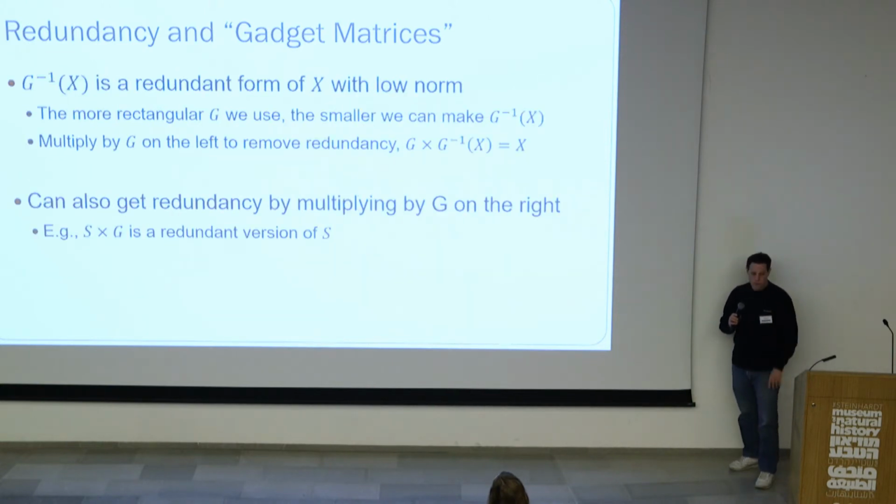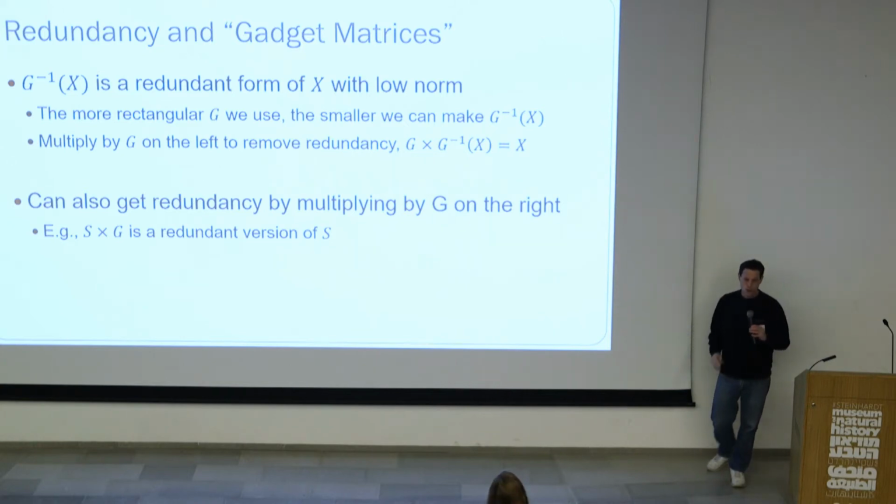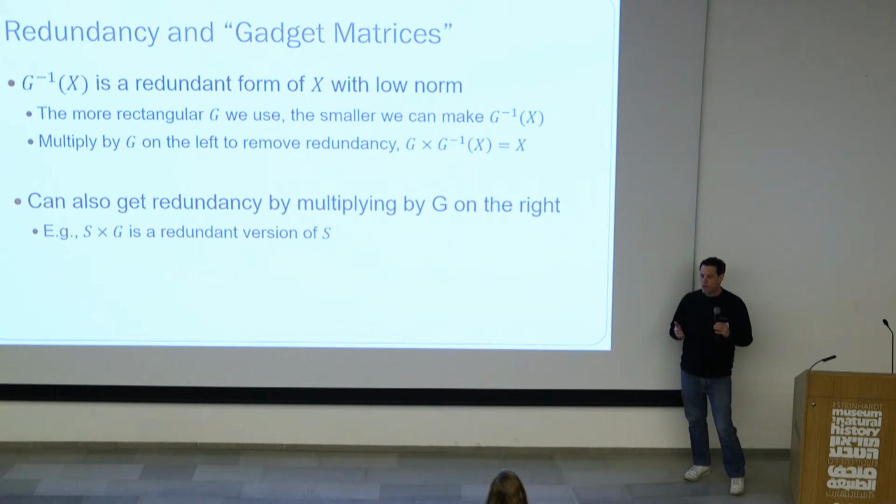One more thing about redundancy. So G inverse of X is a redundant version of X with low norm. And the more rectangular, the more short and wide G that we use, the smaller we can make the entries in G inverse of X. So the bit decomposition example that I showed before has log Q times the columns as the number of rows.